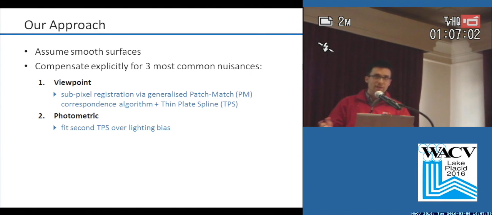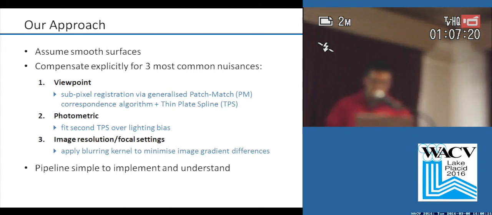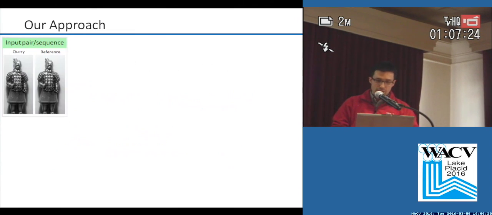Then we fit a second thin plate spline over the lighting bias to take out the variation from lighting. And finally we optimize over a blurring kernel to get rid of image gradient differences caused by focal differences in the two times. So the pipeline, I think, is quite simple to implement and understand, and it gives quite nice results.